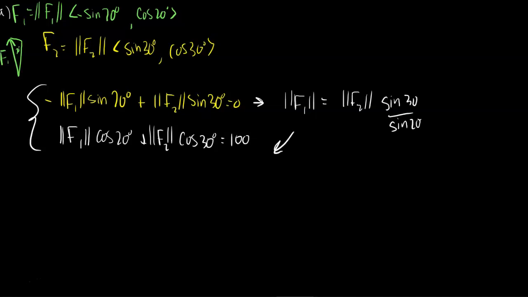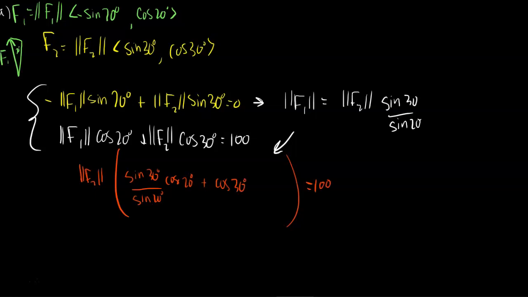Stick that into the second equation here, and we end up with F2 factoring out of everything: sine 30 divided by sine 20 times cosine 20, plus cosine 30. That's all equal to 100.